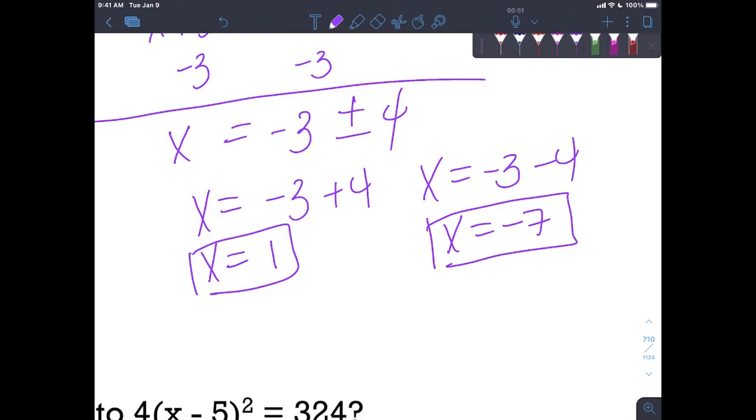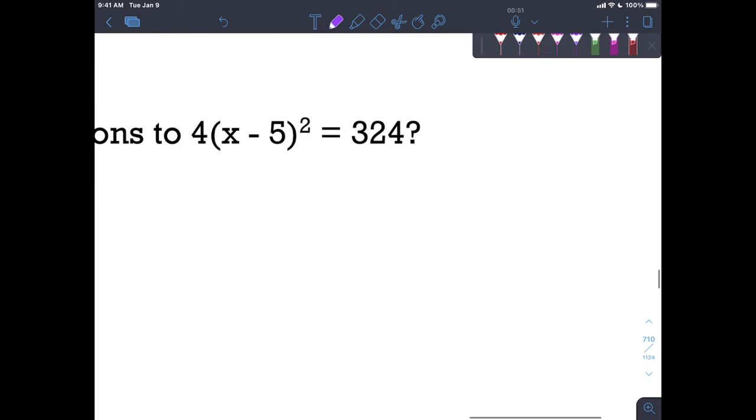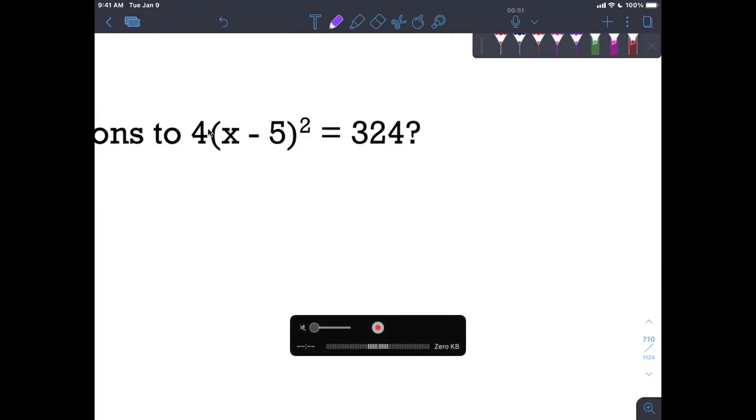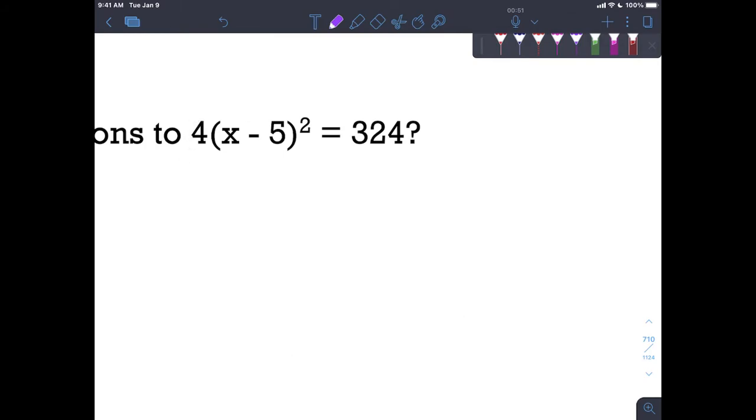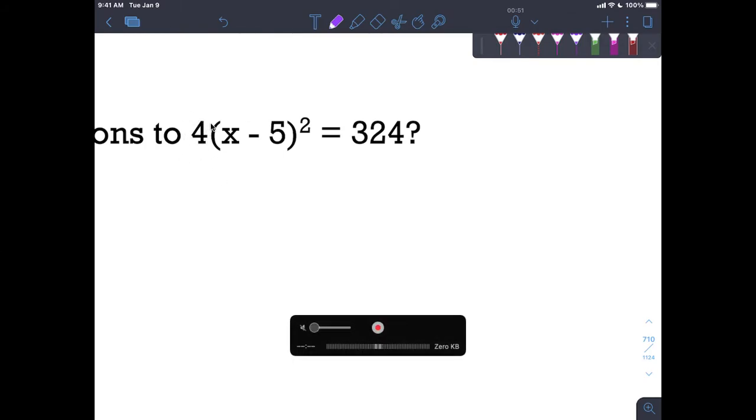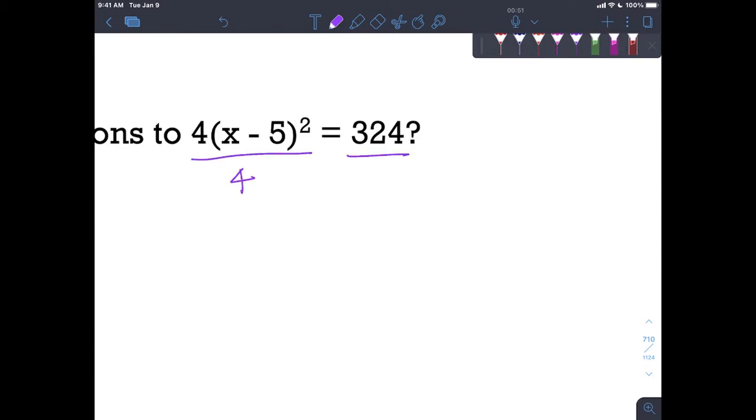All right, let us do the same exact thing here. First thing, I notice a coefficient in front of my x minus 5. So I want to go ahead and get rid of that by dividing by 4.